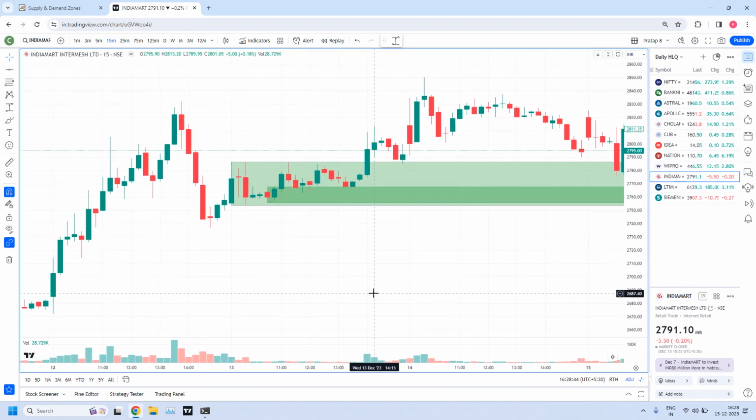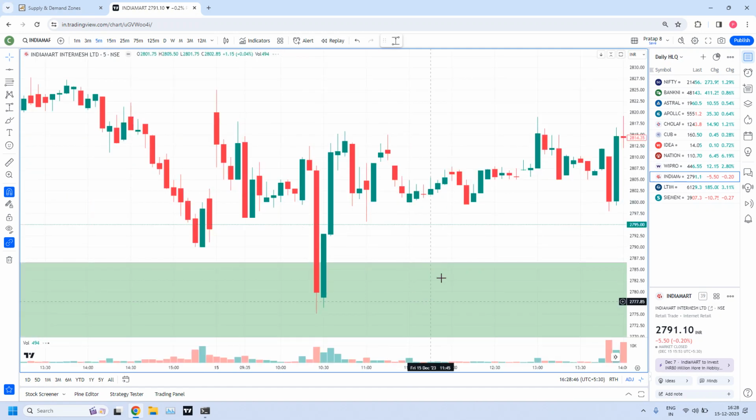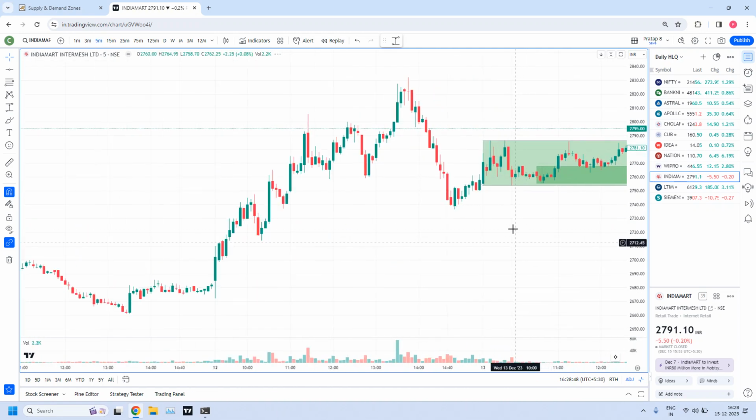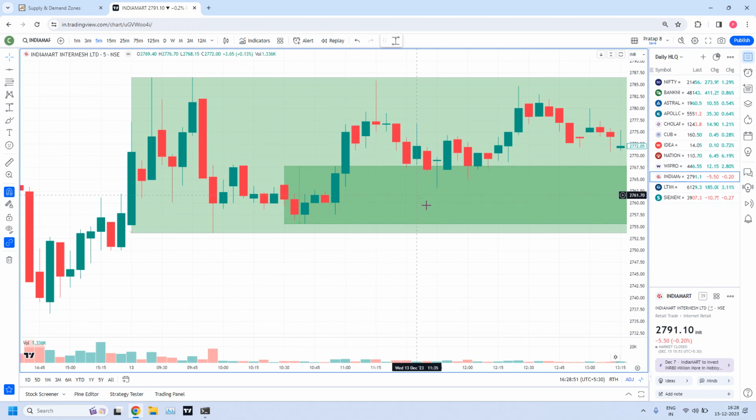Because the risk is high, what do we do? We go to the 5 minutes time frame. In the 5 minutes time frame, we are finding the actual horizon. What is this actual horizon? Like this.